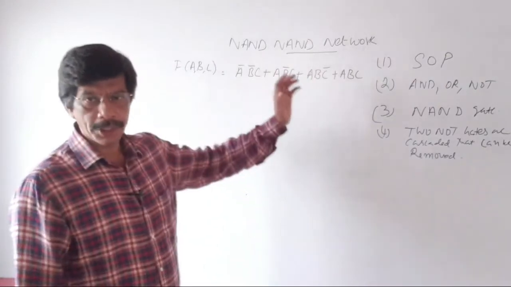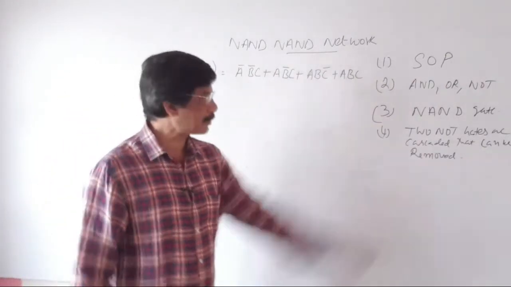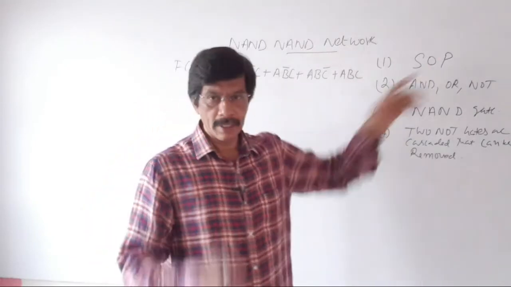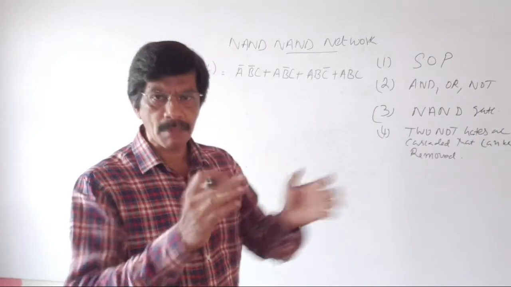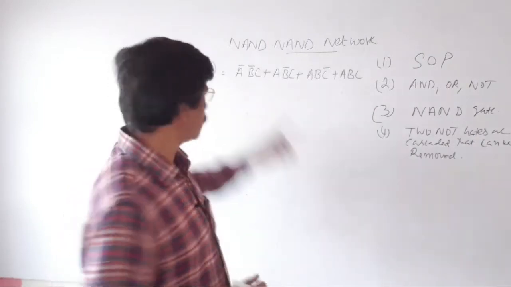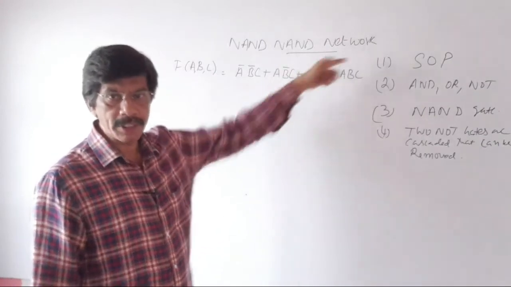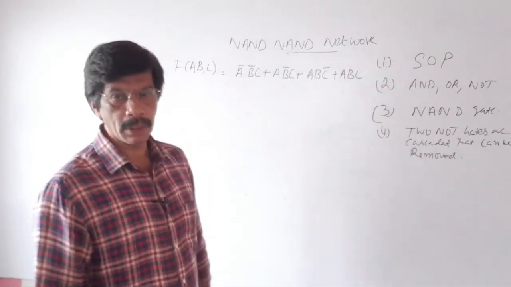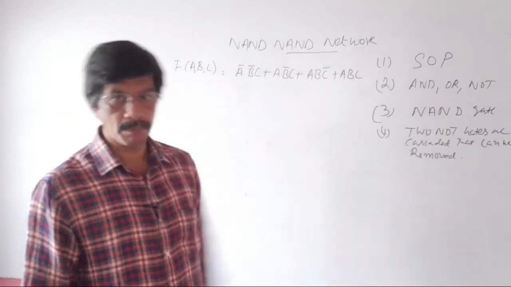This equation is in the sum of product form. The first step is the given equation is simplified. Now we have to simplify this equation using Boolean simplification technique that we have seen in last class.